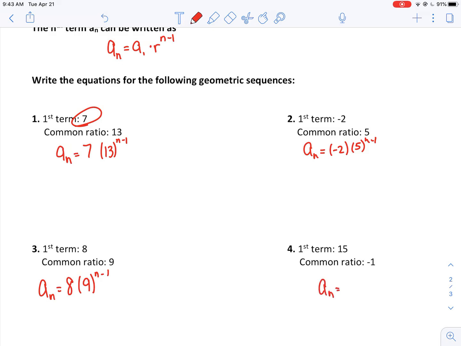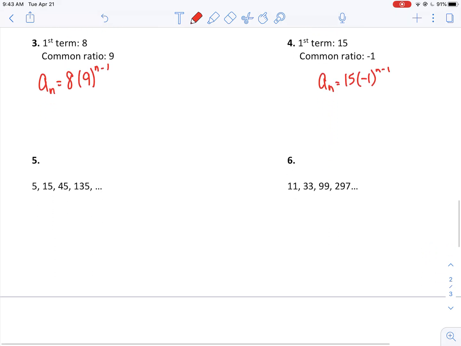All right, I'm going to do 3 and 4, and then I'll have you guys pause the video and try 5 and 6. So my nth term is, what's my first term? 8, and the common ratio is 9 to the n minus 1.